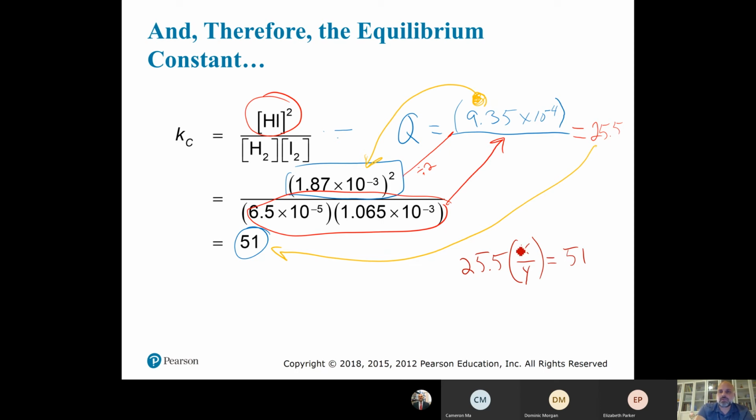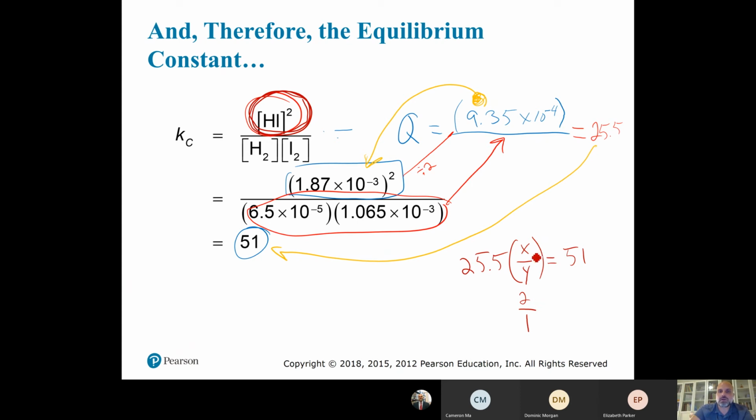In this particular example, I would have to multiply by 2 over 1. Since we have to multiply by 2 over 1, we want to head towards making more product, because we have a larger number on the top.